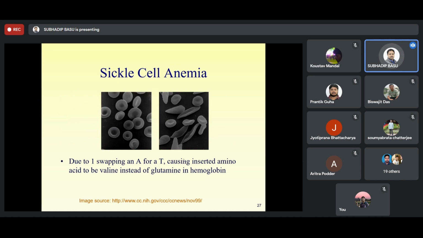But just for an example, I'm showing you that in hemoglobin, there is a single mutation in this protein. This is the image of a healthy hemoglobin, and this is the image of sickle cell anemia. So there is only one swap from A to T causing the amino acid to be valine instead of glutamine.